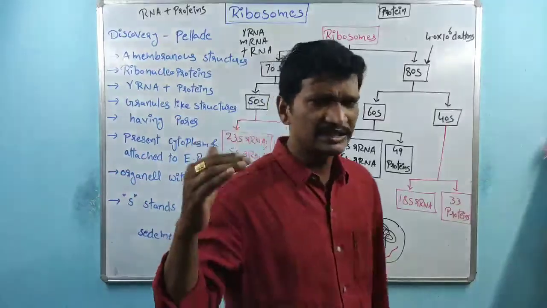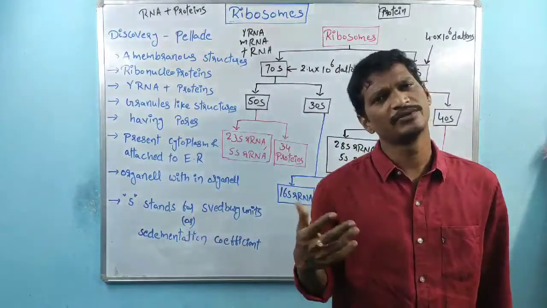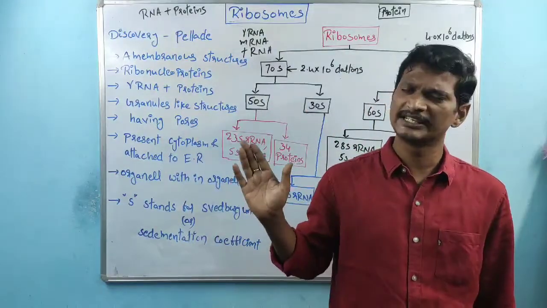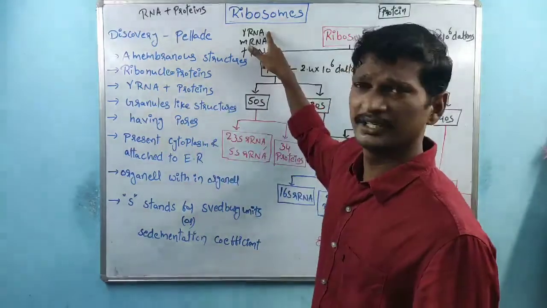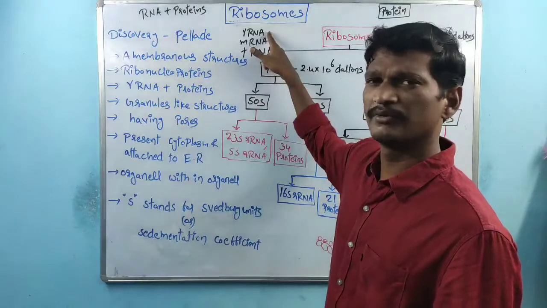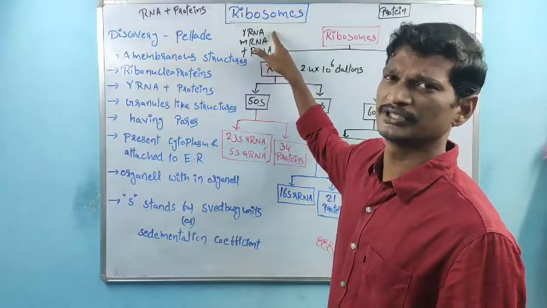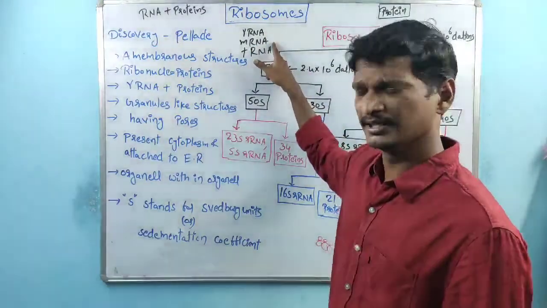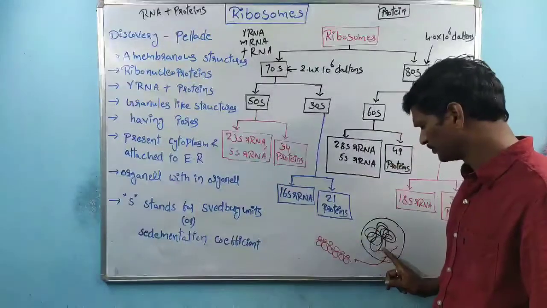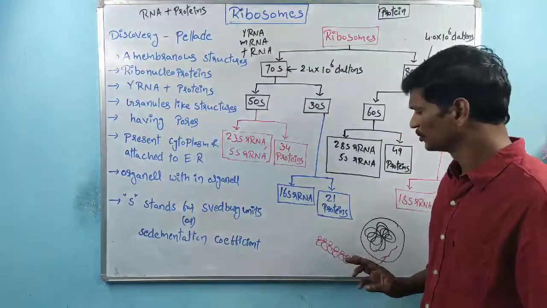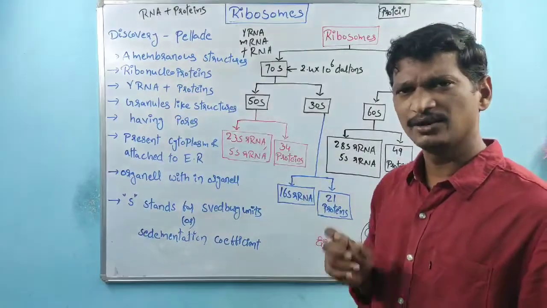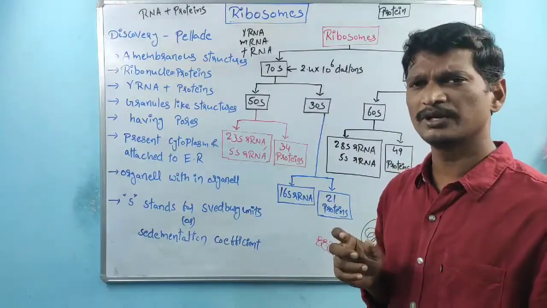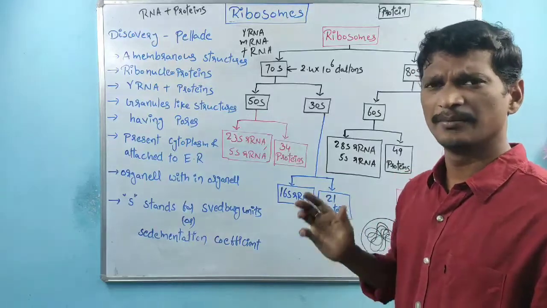Remember, all these three types of RNAs are involved in protein synthesis. rRNA, the ribosomes, is directly involved in protein synthesis, right? mRNA passes the message from the nucleus to the cytoplasm. mRNA contains the codons. The codons code for amino acids. That is nothing but the message.